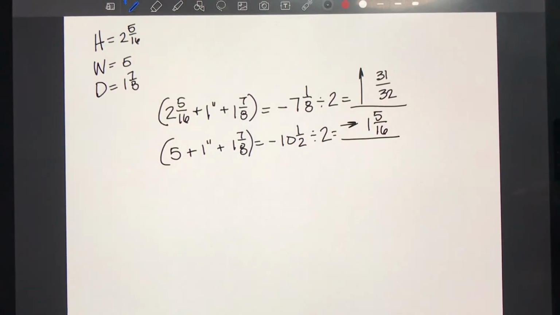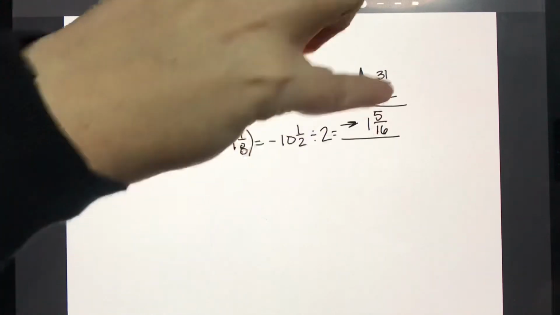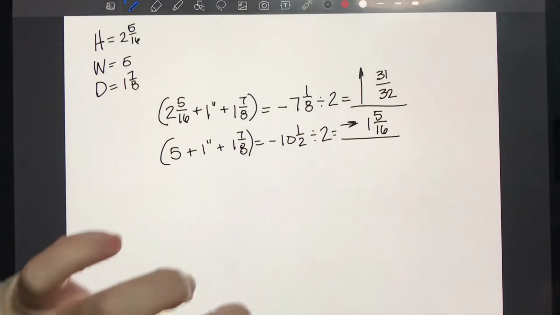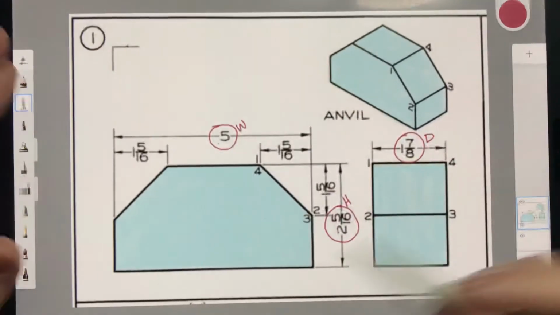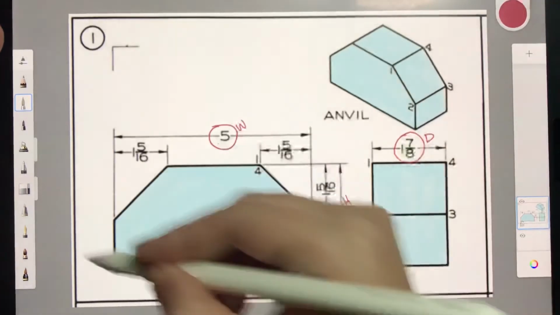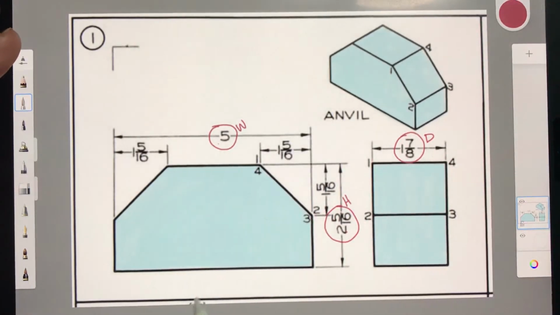Now, I recommend you always do the formula twice. If I do it twice and I get the same answer, I should be okay. I've done this for a very long time and I still do my formula twice. With these numbers, this is what we do. In your title block, you're going to offset up the answer.